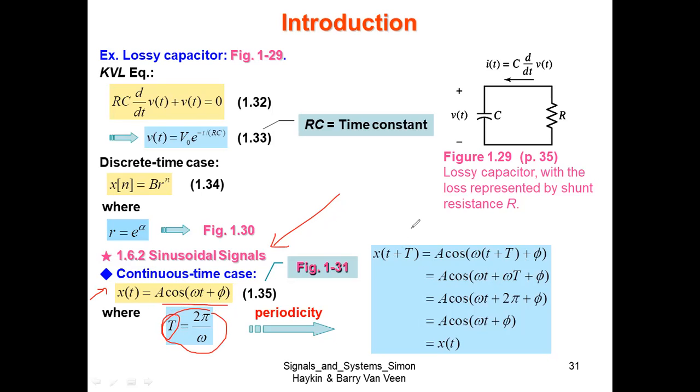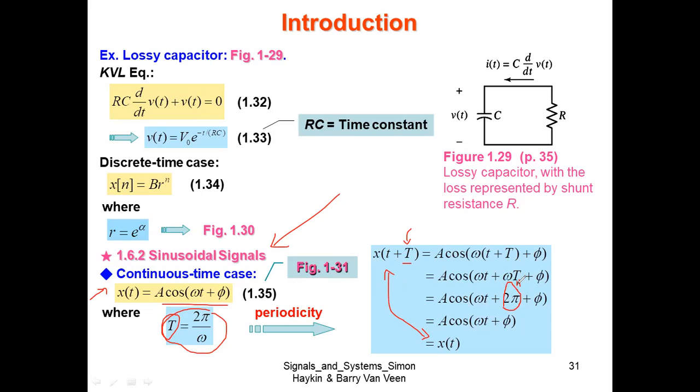You can see here the condition has been taken. If after some time interval T, x of t plus T should be equal to x of t, what is the required condition? The required condition is that T times omega should be equal to 2 pi.